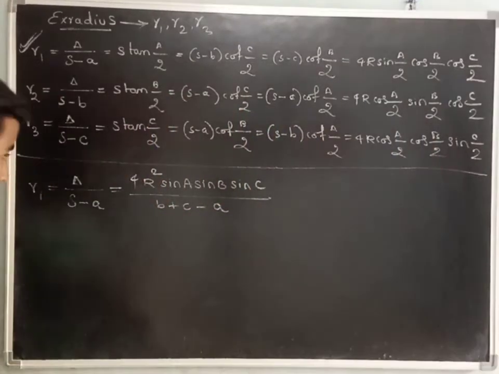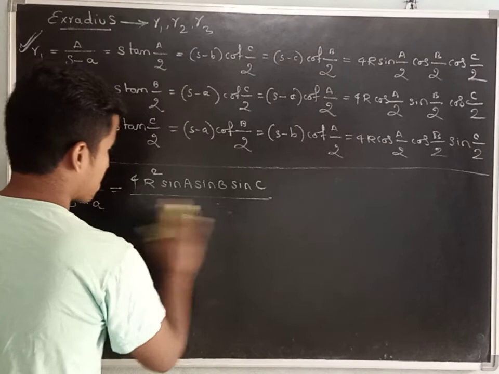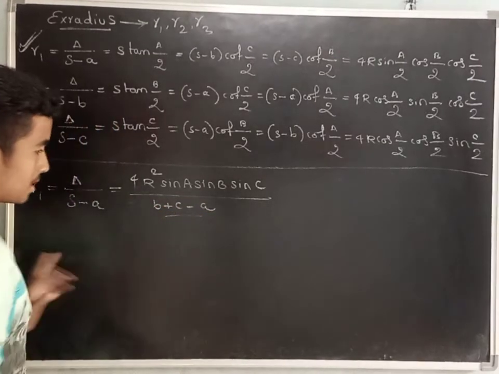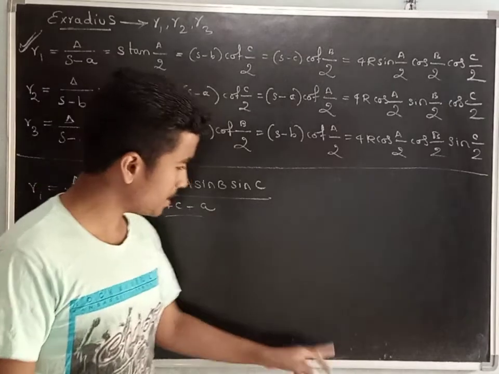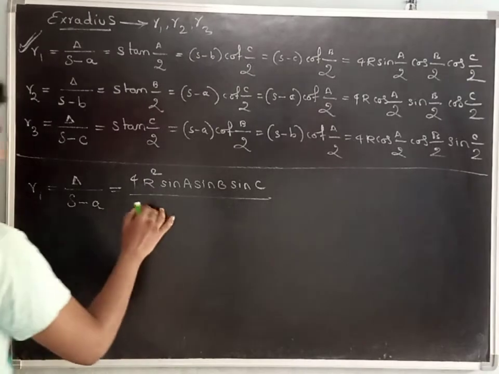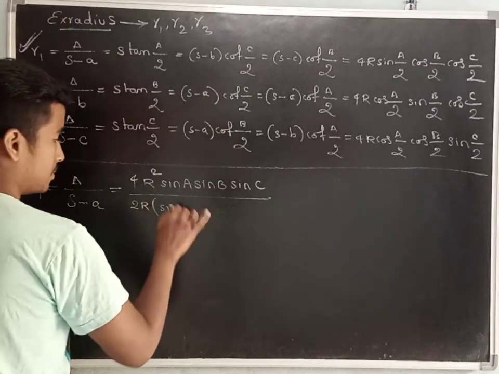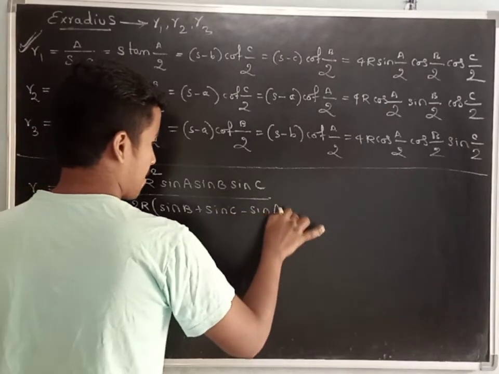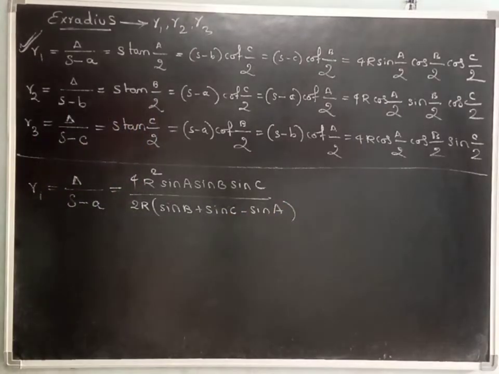we are going to get b plus c minus a. Substituting the values of a, b and c in this, we are going to get 2R into (sin B plus sin C minus sin A).